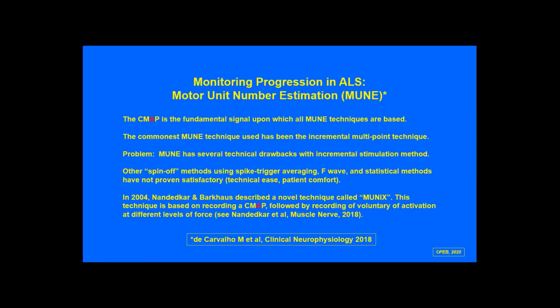One problem is that MUNE has several drawbacks with the incremental stimulation method, which again, I don't have time to go into. It's limited to basically distal muscles. Other spin-off methods like spike trigger averaging we did for a while. F-wave statistical methods have not proven satisfactory for various reasons.